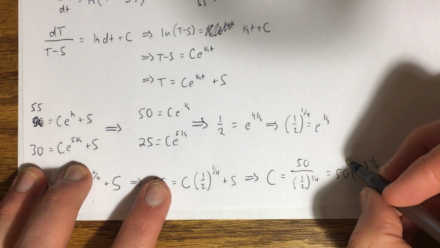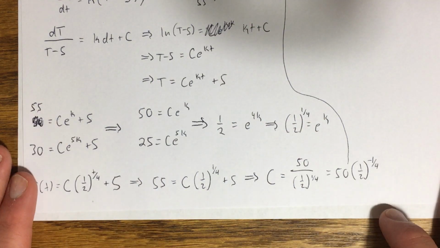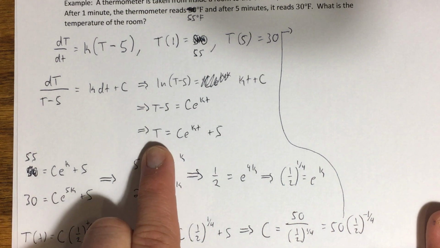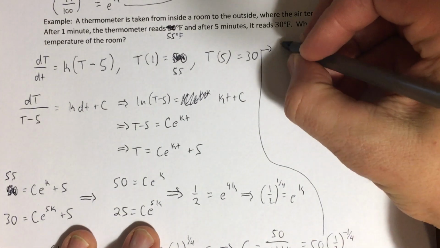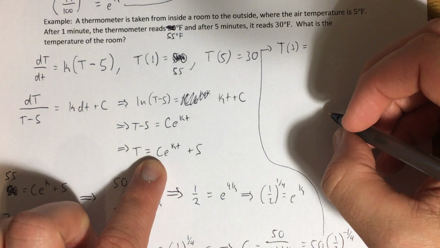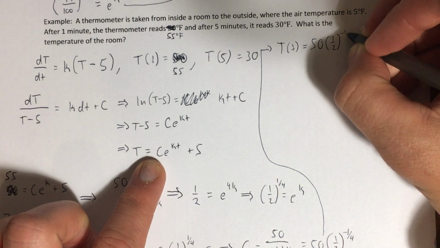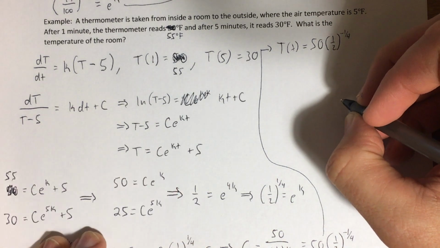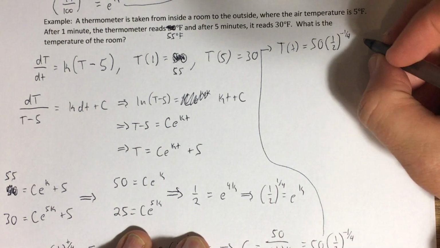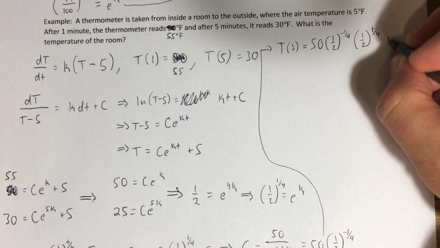Okay? Now, kind of ran out of space. We're going to come up here. What does that let me do? Well, let me go rewrite, finally, my function using everything that I know. T of t is equal to c, which we just found, 50 times 1/2 to the negative 1/4 power, e to the kt, but notice, again, down here, e to the kt became 1/2 to the t over 4 power. 1/2 to the t over 4 plus 5.